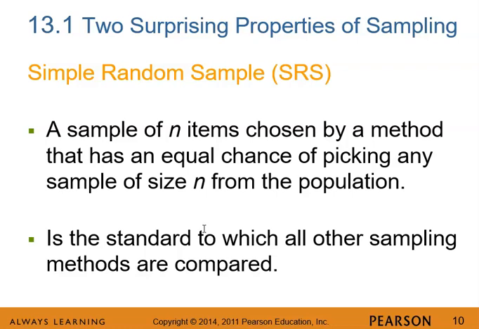Normally for random samples, we need a list of our population so that we can provide a method that creates an equal chance of being picked for the sample. And the SRS is the standard to which all other sampling methods are compared.